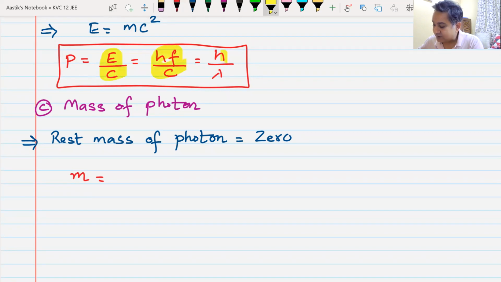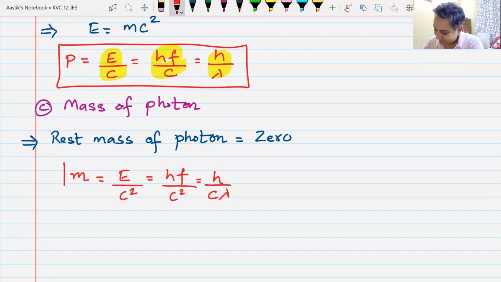If you divide all these 3 equations by c, you will end up with the mass of a photon if you ever need to find it out. So it will be equal to E by c², hf by c², or you can write it as h by c lambda.